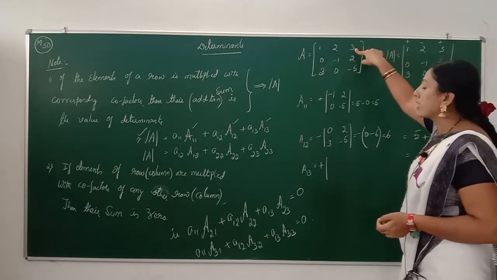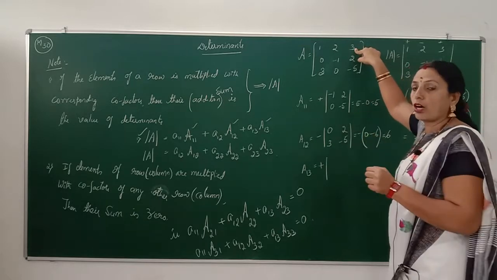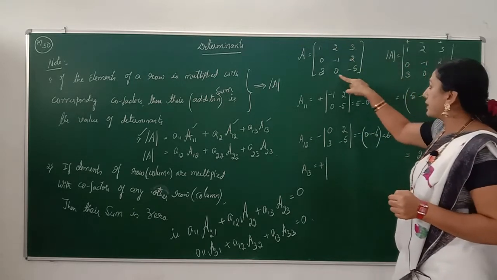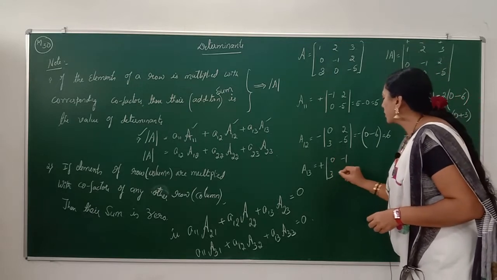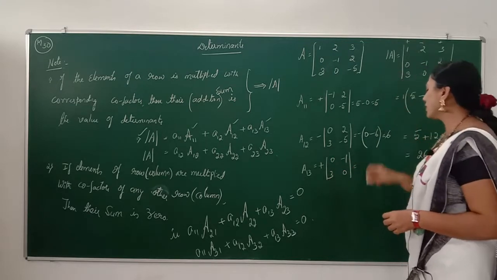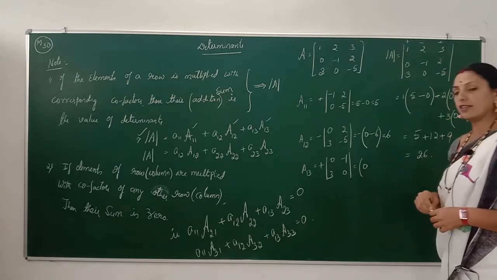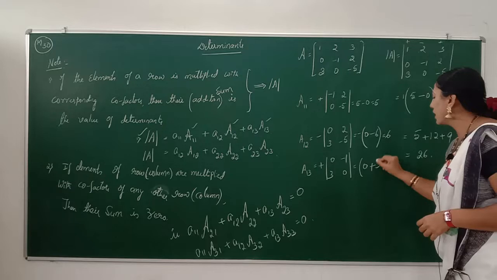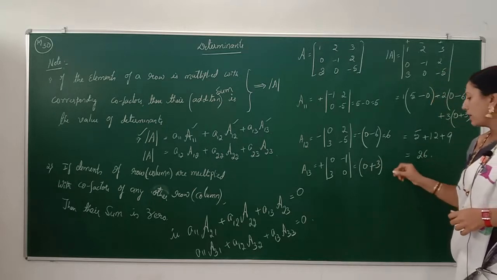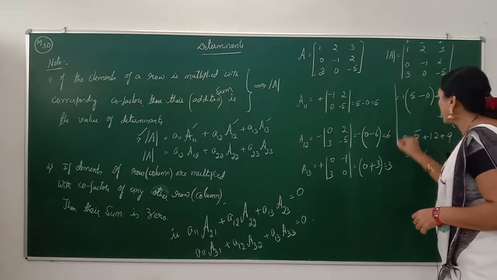It is the element of the first row, third column, and these are neglected. The remaining are 0, minus 1; 3, 0. Then the product: left diagonal is 0, minus right diagonal is minus 3. After that minus into minus is plus 3. That is 0 plus 3 is 3.